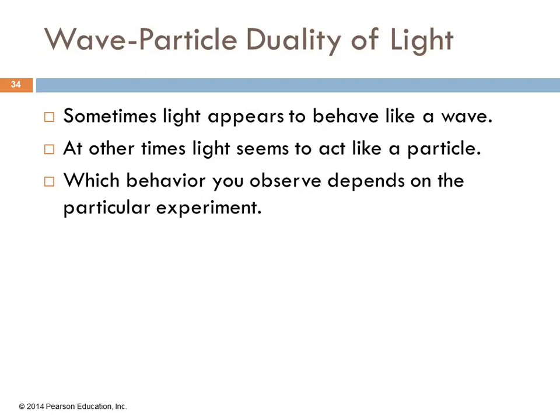And yet it is acting like a particle in that when you shine it on a piece of metal, it ejects electrons based on the frequency of the light, not on the total energy of the light. So it acts like a particle, it acts like a wave, and which behavior you observe depends on what experiment you're doing. Because it has a dual nature, but when you observe it, you force it to behave like one thing or another. Schrodinger's cat.